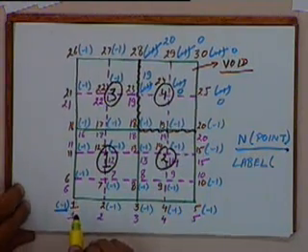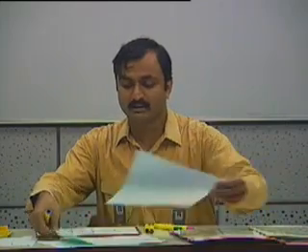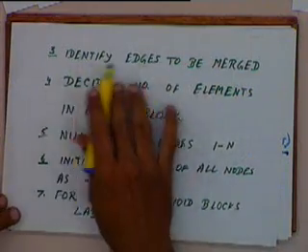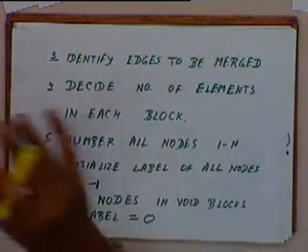It would again be difficult for complex objects to identify which edges to be merged. That is the job which has to be done at one of the earlier stages in the algorithm. We first identify the blocks, identify void blocks, and identify the edges to be merged.